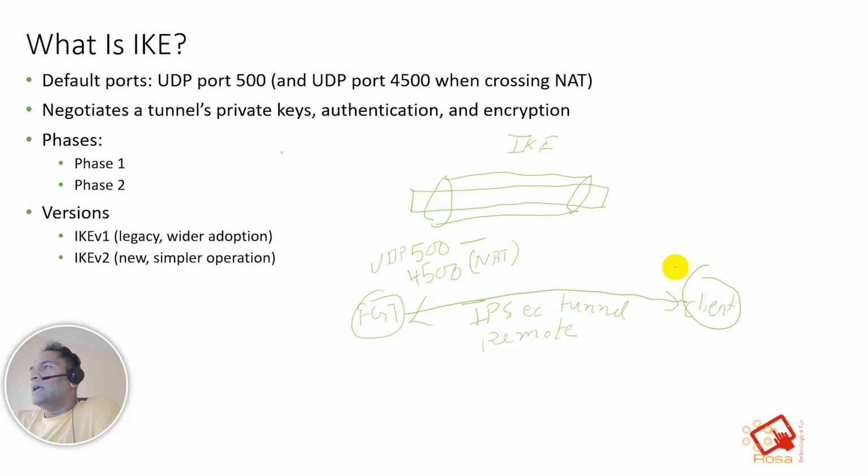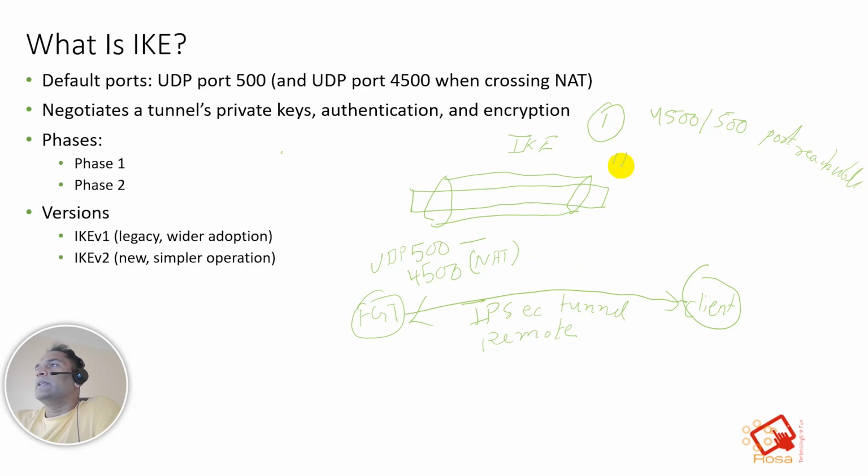So for a client to establish a tunnel with FortiGate, you should have ports 4500 and 500 reachable from the client to the FortiGate. This is the first requirement.